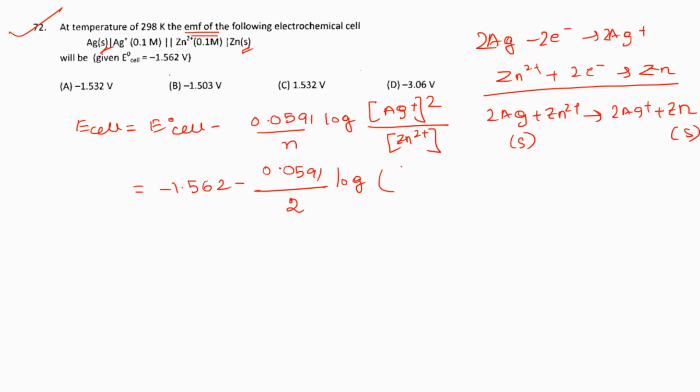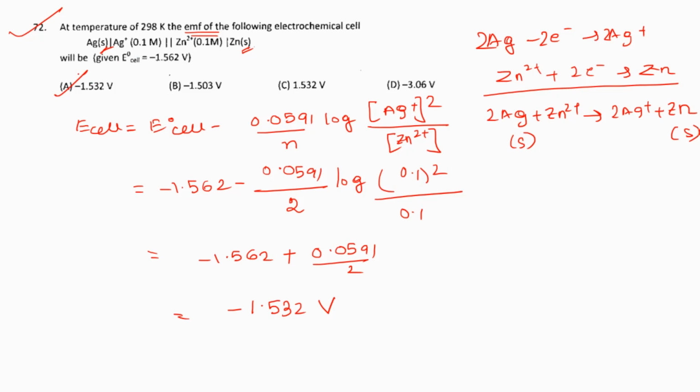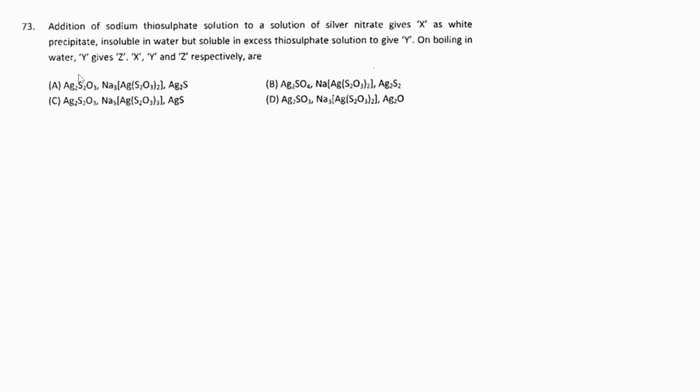So log of 0.1 squared by Zn2 plus, which is 0.1. If you do the calculation, it turns out to be minus 1.562 plus 0.0591 by 2, which turns out to be minus 1.532 volts. So it's this one. Okay.